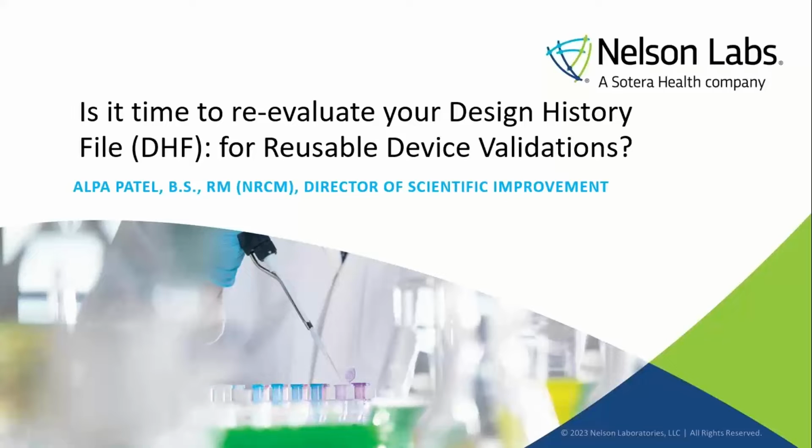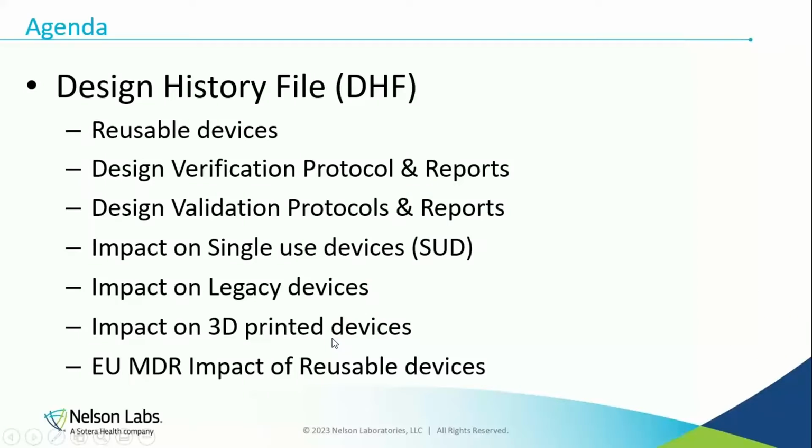We will also go over certain things like what the design history file for verification and validations includes. Protocols and reports: what do you need in your protocols and reports to keep this going? Single-use devices: what is the impact of single-use devices on the design history file? Legacy products: there are tons of legacy products out there that are still being used that we know validations were not performed for.